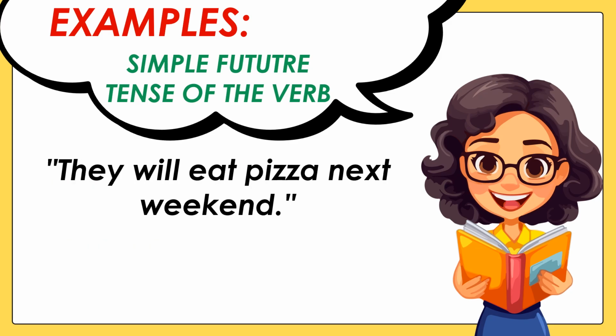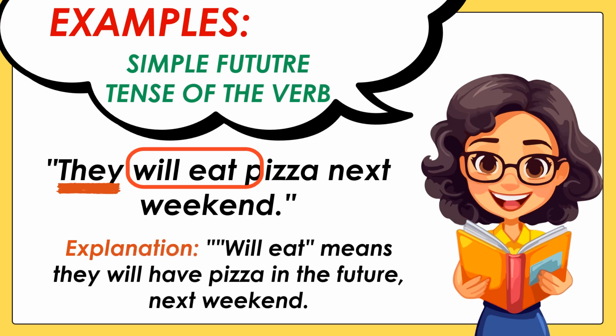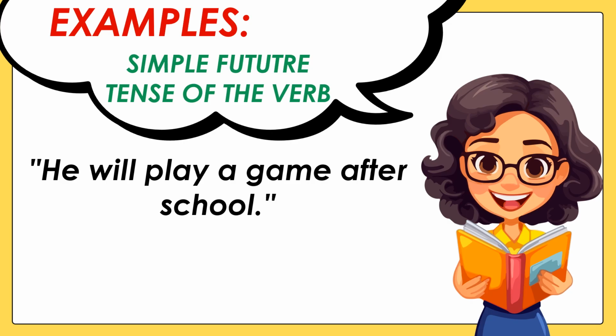Second, they will eat pizza next weekend. They is the subject or the topic of the sentence. Will eat is the verb. And will eat means they will have pizza in the future, next weekend. Next, third example, he will play a game after school.